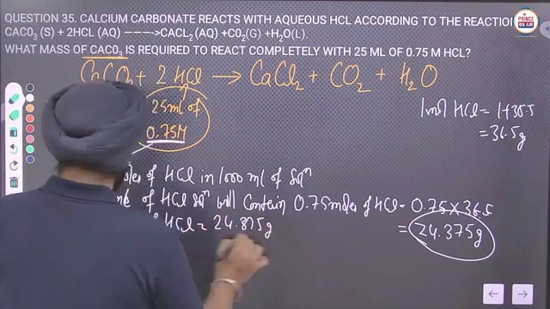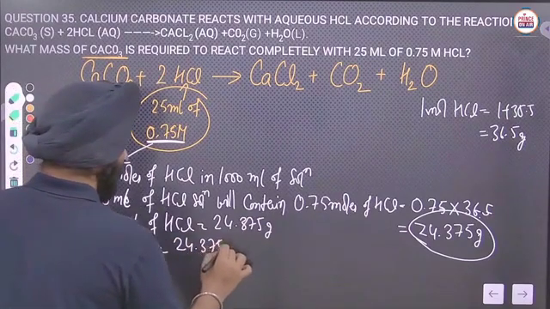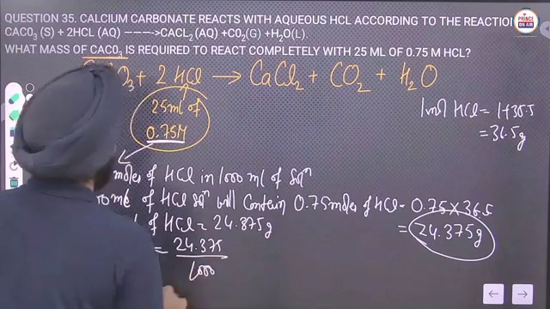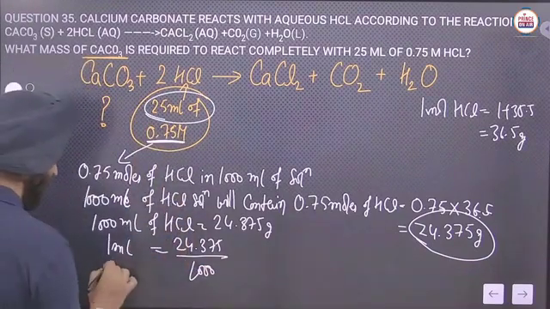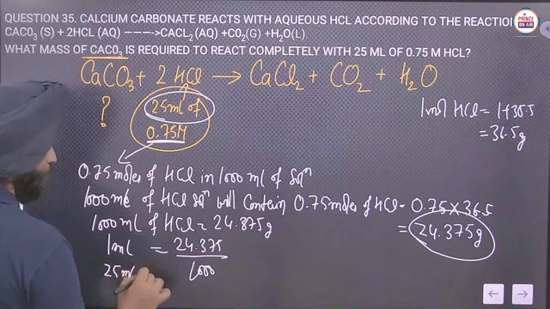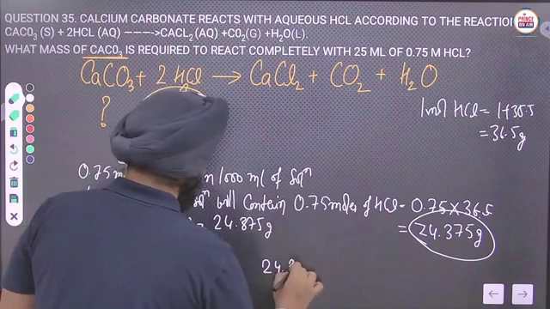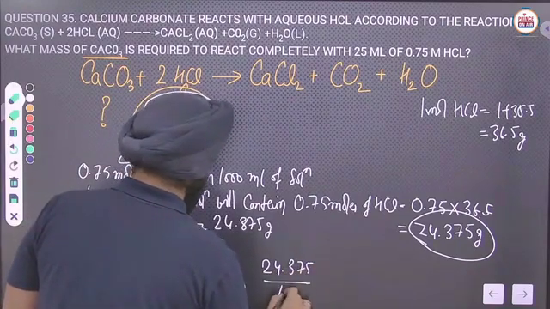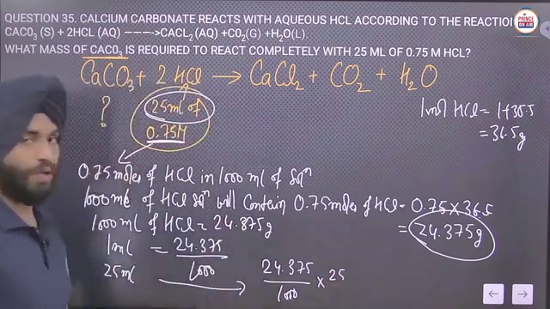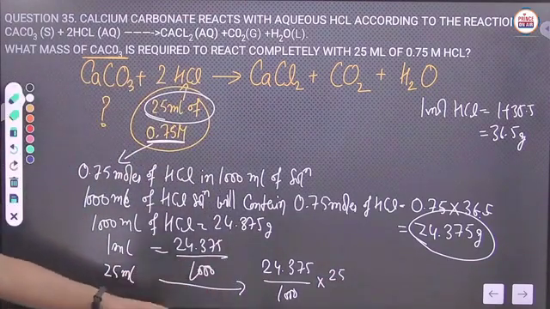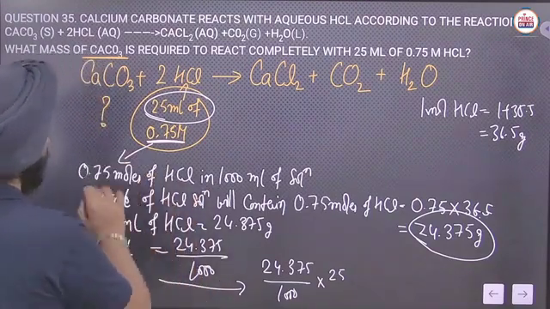Now if 1000 ml of HCl contains 24.375 gram, 1 ml will contain 24.375 upon 1000. The volume given to you is 25 ml. So for 25 ml it will come out to be 24.375 upon 1000 into 25. Through that you will get the actual mass which is present here.